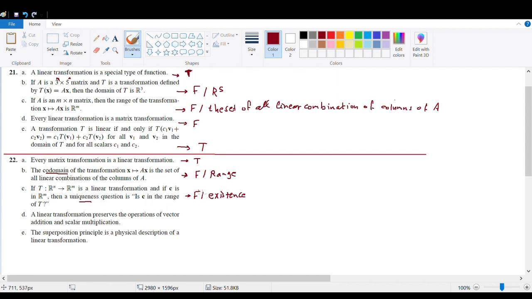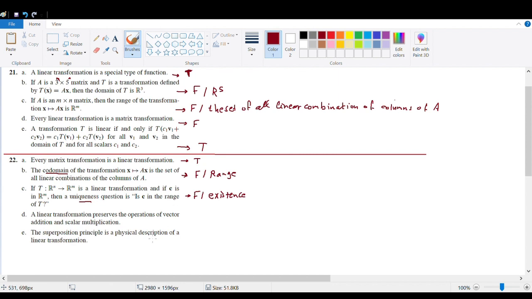If we asked whether c is the only vector that maps from Rn to Rm, that would be uniqueness. But here we ask is c in the range of T, so this is existence, not uniqueness.